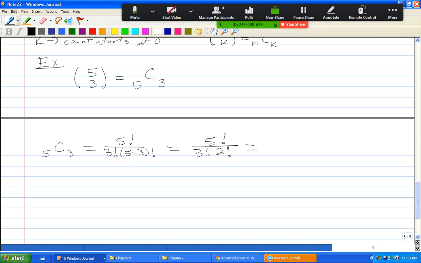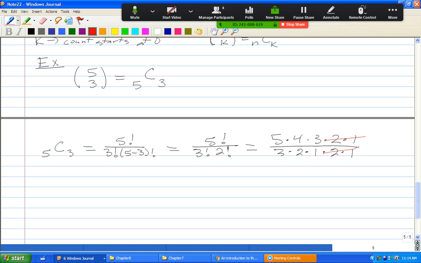So I can think of this as 5 times 4 times 3 times 2 times 1 over 3 times 2 times 1, times 2 times 1. I can see that these cancel immediately. So another way of thinking about this is it's the number of permutations over the factorial. So I could have just done that. I'll do that in a second.